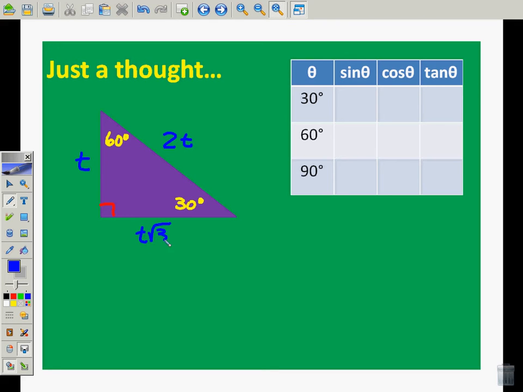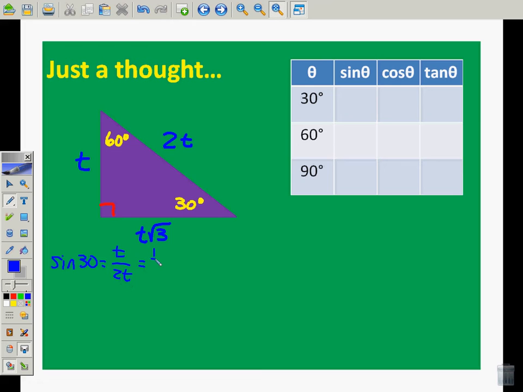Now, guys, look at what's happening here. If I'm talking about the sine of 30, watch what happens. It's going to be opposite, t, over hypotenuse, 2t. Guys, let's reduce this fraction. 1/2. Seems convenient. Let's look at it again.